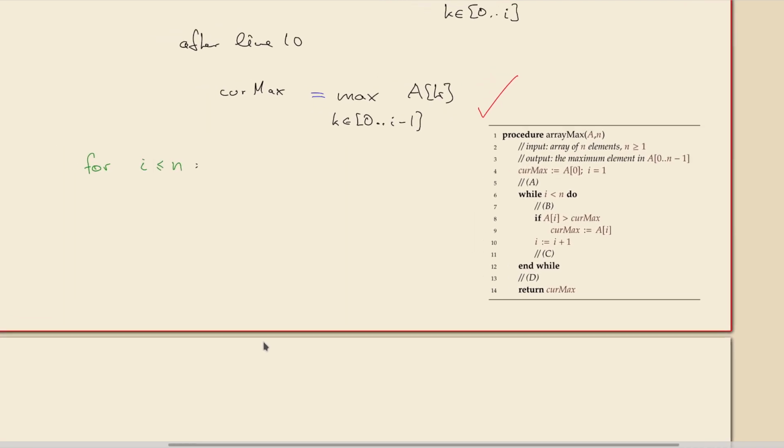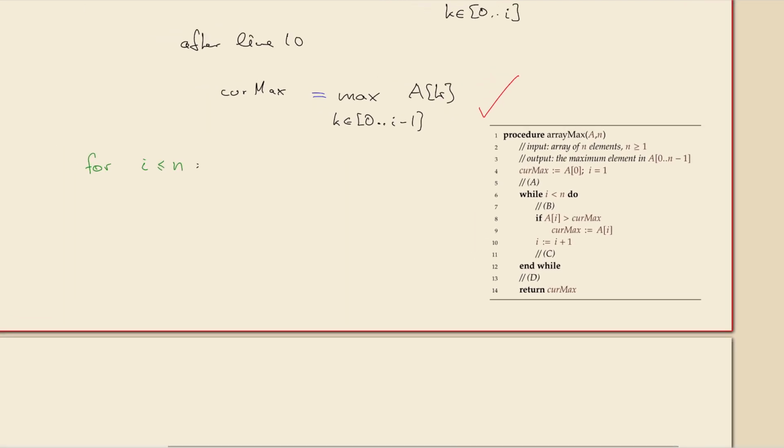Hope it's still somewhat legible. So at position B, the loop invariant was true, and so the green part of the loop invariant says i is strictly less than n. The only place where we change it is again at line 10.